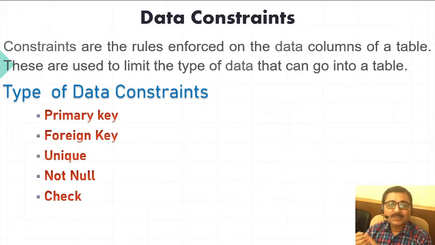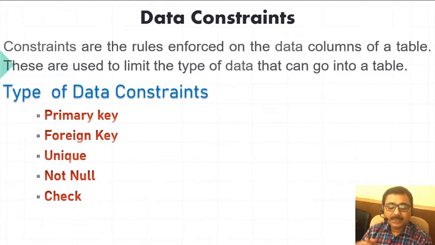Similarly, you must be knowing that in a college, without admission you cannot make payment for fees. So once you are registered with the college or admission is done, only then the account department can take your fees, right? So this is called the primary and foreign key relationship.